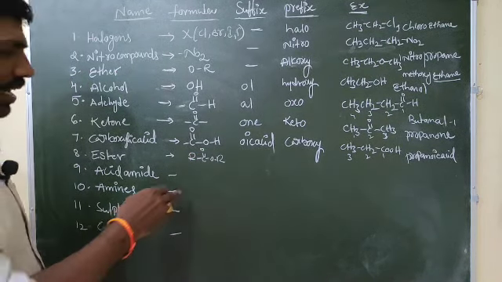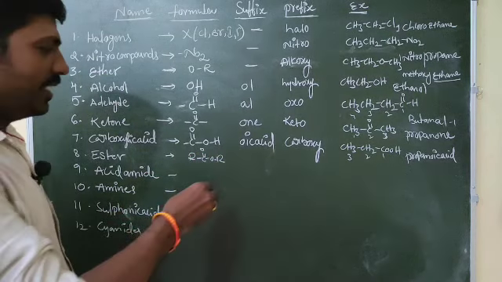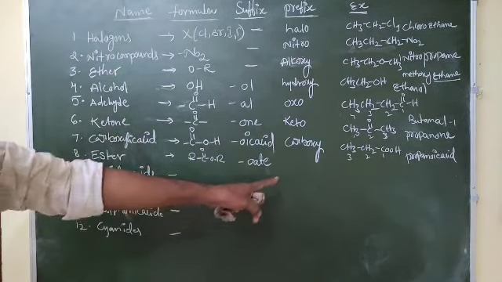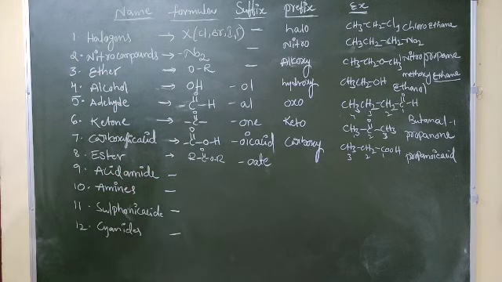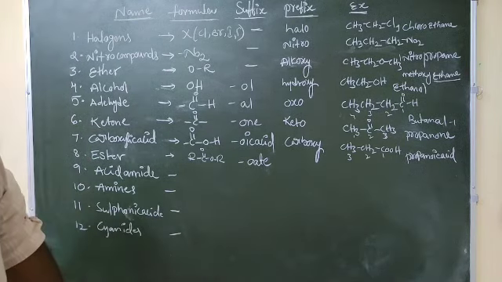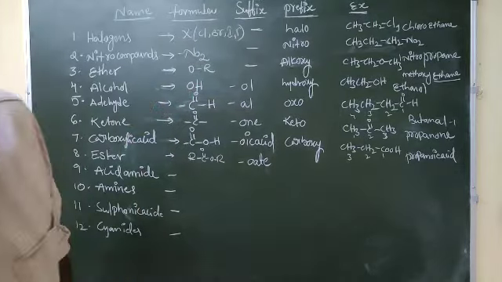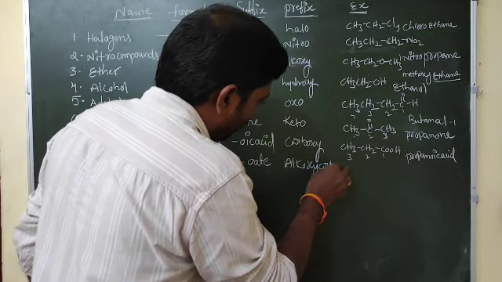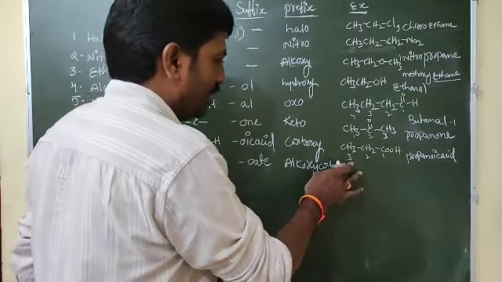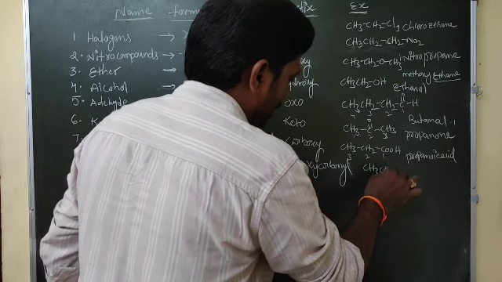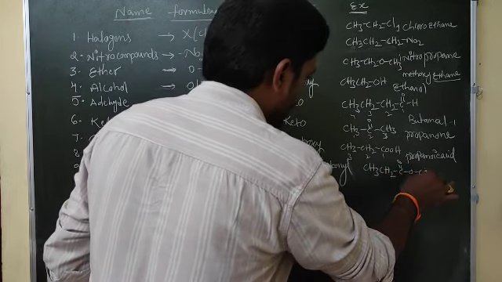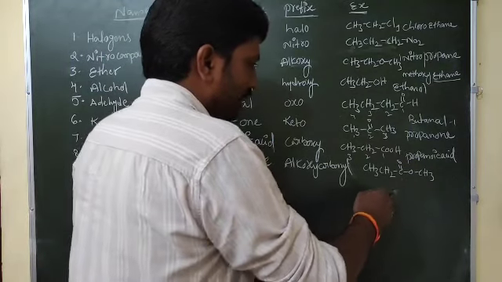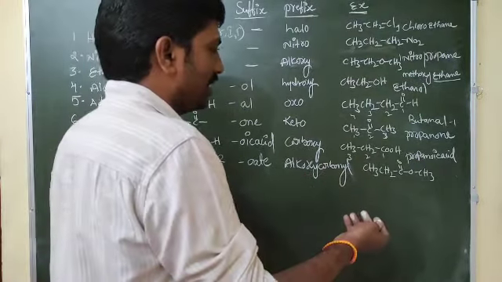Now ester. Ester means R C double bond O OR. Ester functional group, suffix is OATE. If it is a prefix, it is alkoxycarbonyl. Example, CH3 CH2 C double bond O O CH3.